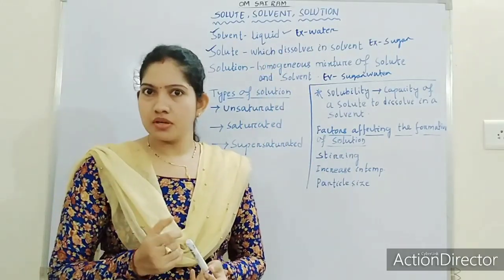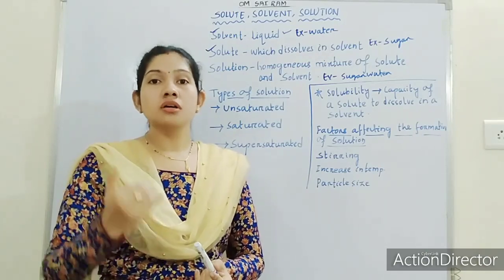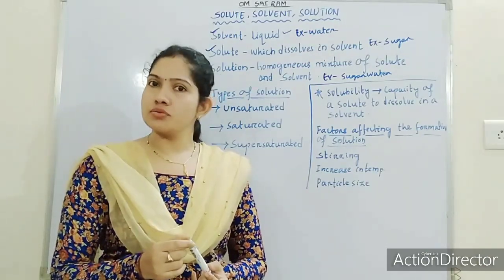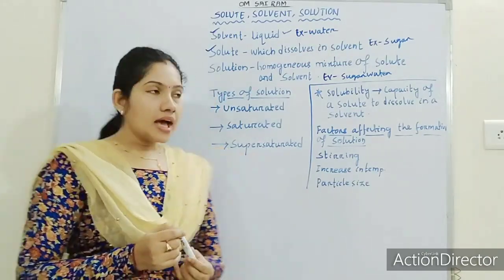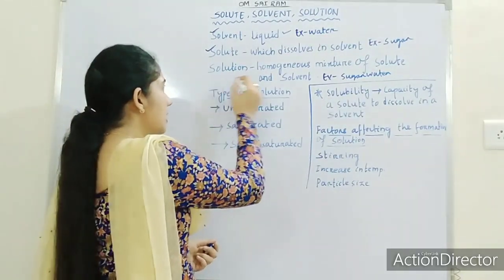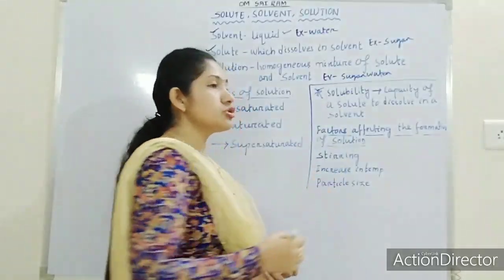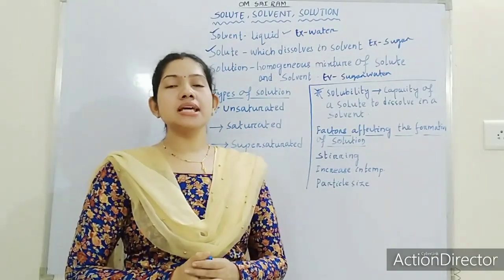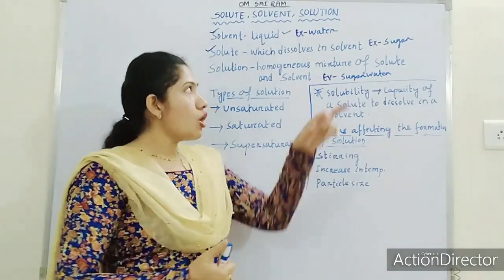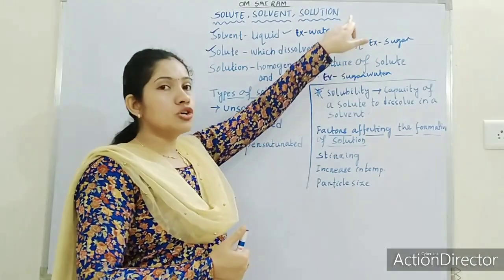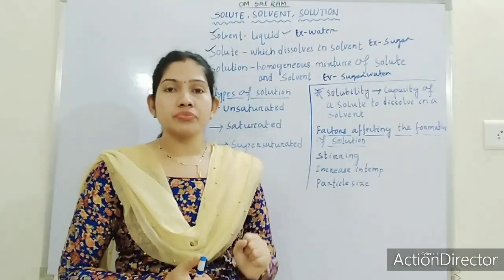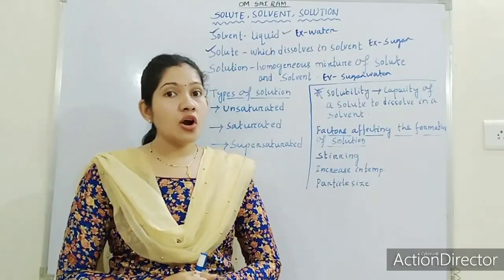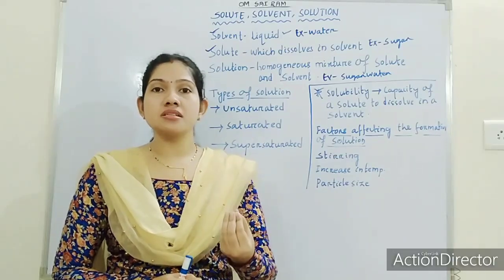So this is all about solute, solvent and solution. These are the terms. Solute, solvent and solution. Got it? Now come to the next important topic, solubility. What is solubility? Solubility is the capacity of a solute to dissolve in a solvent. All the solutes do not have the same capacity.